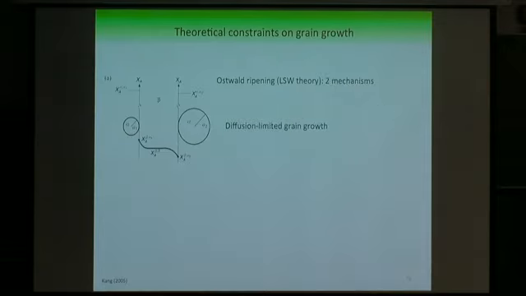Now, there are two different mechanisms in Ostwald ripening. So there's diffusion-limited grain growth, but there's also interface reaction-limited grain growth. And so I'm going to start out with diffusion-limited grain growth in the case of the secondary phase being a liquid. I'm not interested in solid secondary phases.